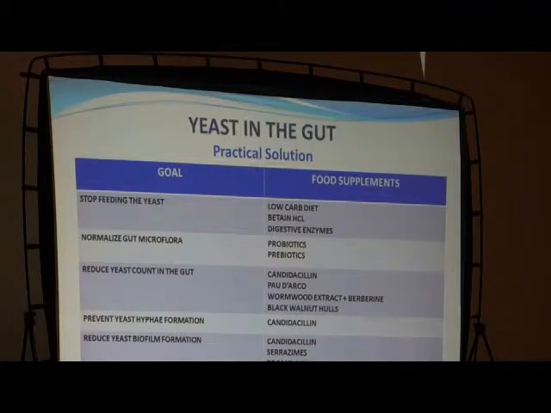One of them is monolaurin, and the second product is caprylic acid. And these are the products which can completely eliminate yeast from the gut. So the hyphae formation can be stopped with Candida. And finally, biofilm formation can be stopped with Candida serozymes and bromelain. These are enzymes which specifically break the biofilms.